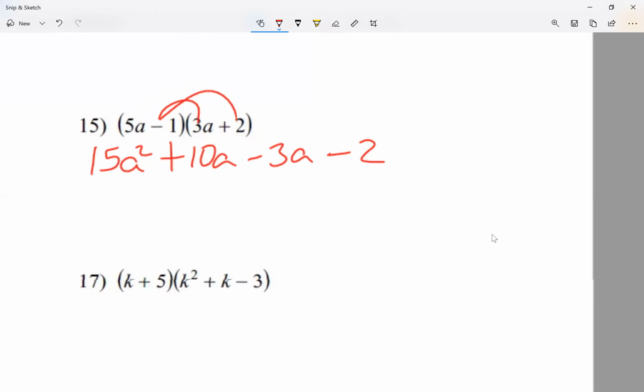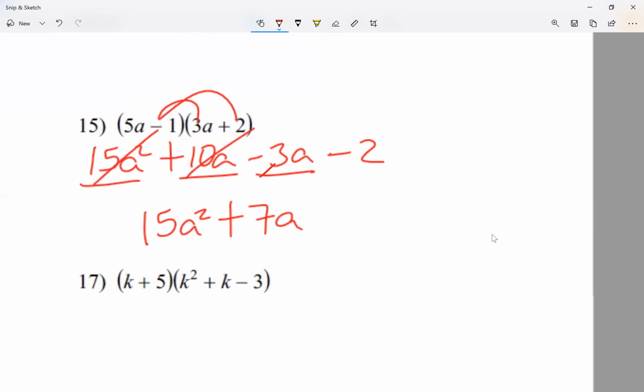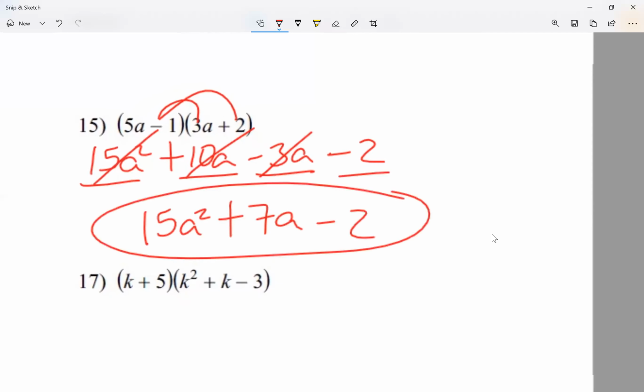Now I'm going to combine like terms. The highest exponent that I see is 15a to the second. Then 10a minus 3a gives me 7a. And then the minus 2 at the end. I cannot combine the 15a squared plus 7a, even though they're both a. One of them is a squared and the other one's just a, so they're not the same letter.